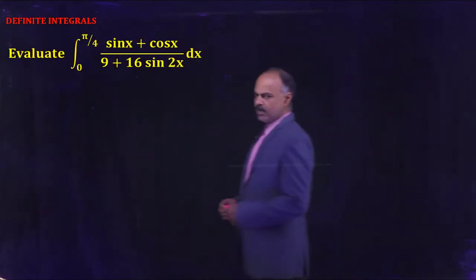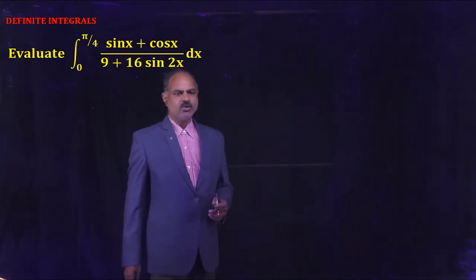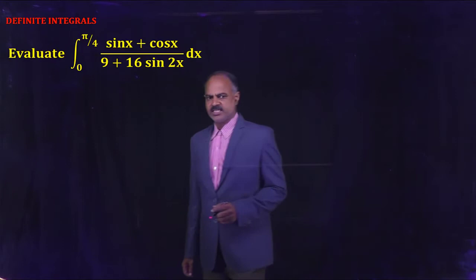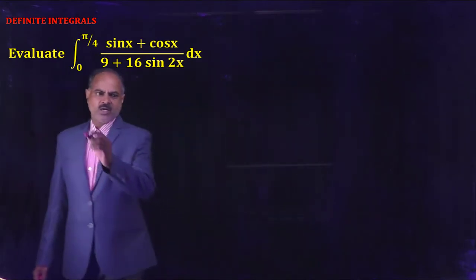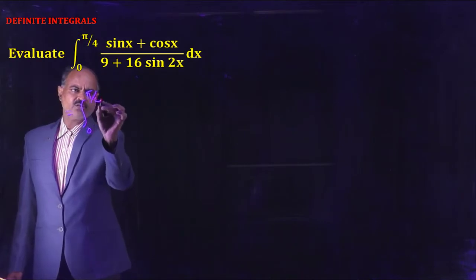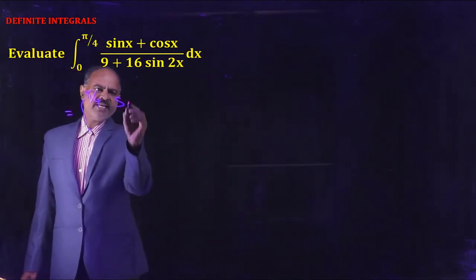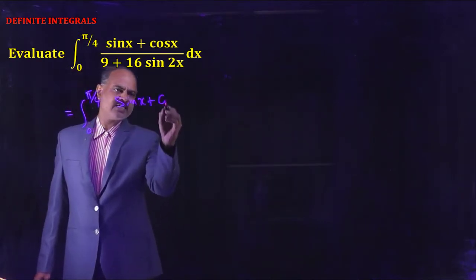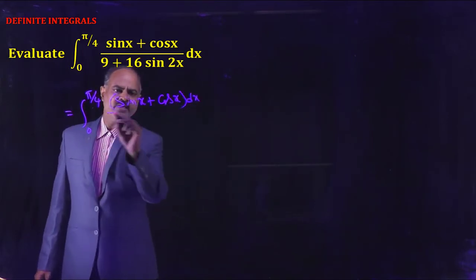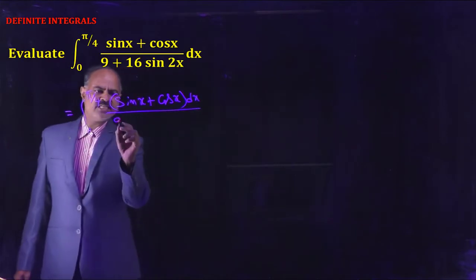Next problem, evaluate integral 0 to pi by 4 of sin x plus cos x by 9 plus 16 sin 2x dx. Now this is equal to integral 0 to pi by 4 of sin x plus cos x into dx by 9 plus 16 sin 2x.